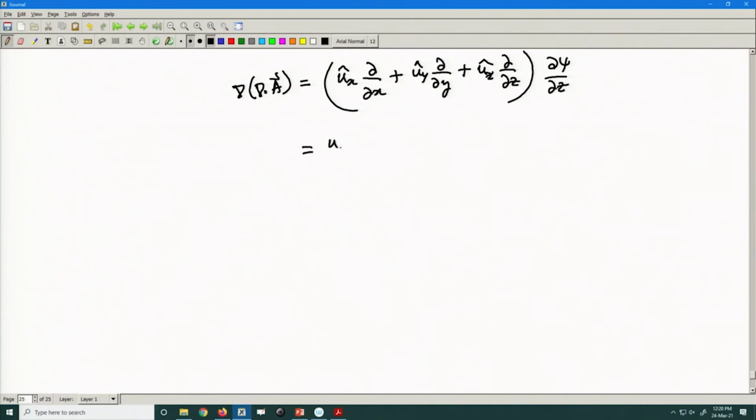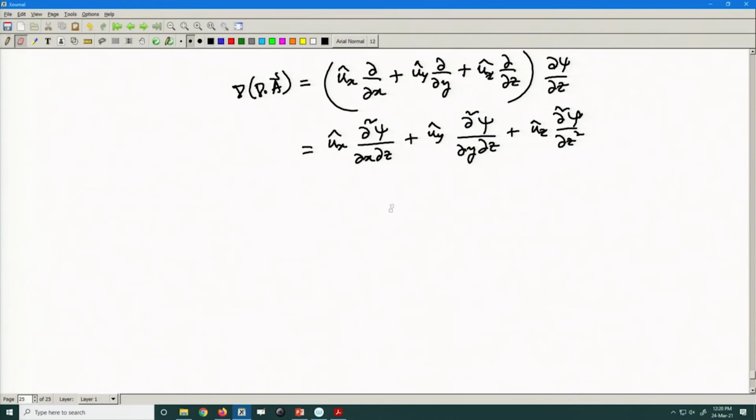So, that is going to be u x del square psi del x del z plus u y del square psi del y del z plus u z del square psi del z square.